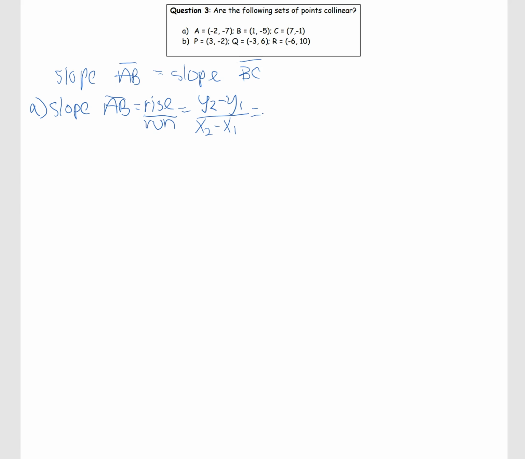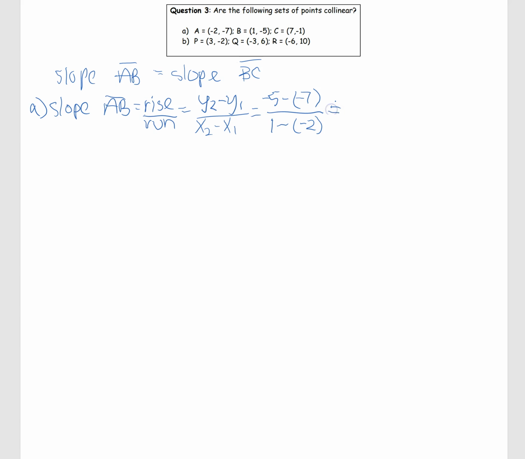My y2 is -5, and I'm subtracting y1, which is -7. That's over x2, which is 1. I'm subtracting -2.